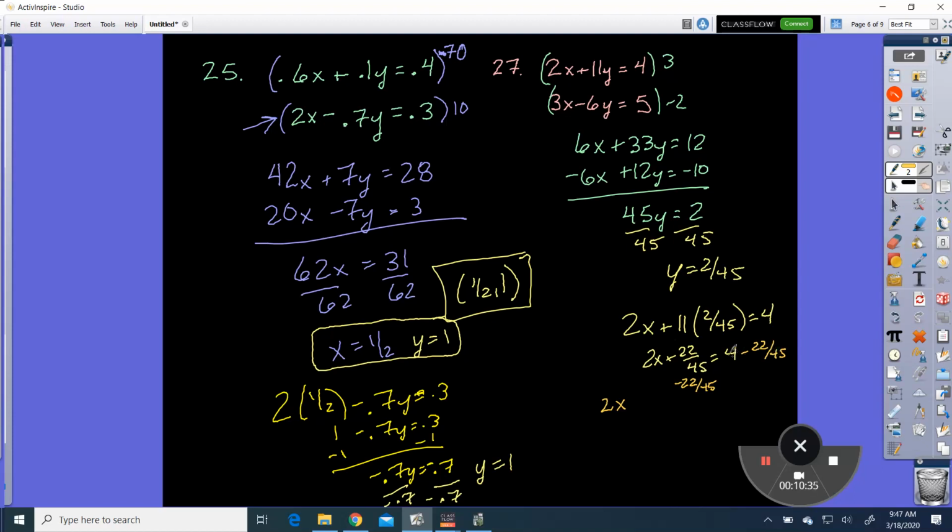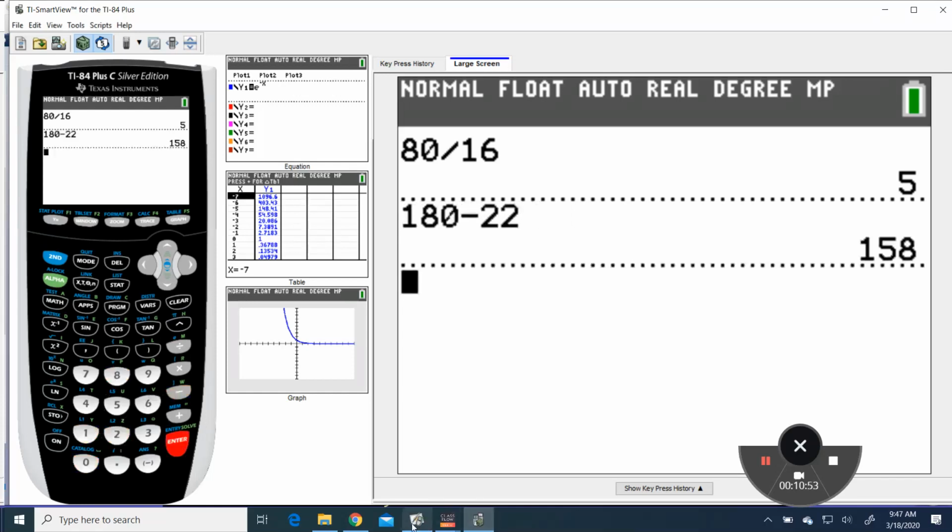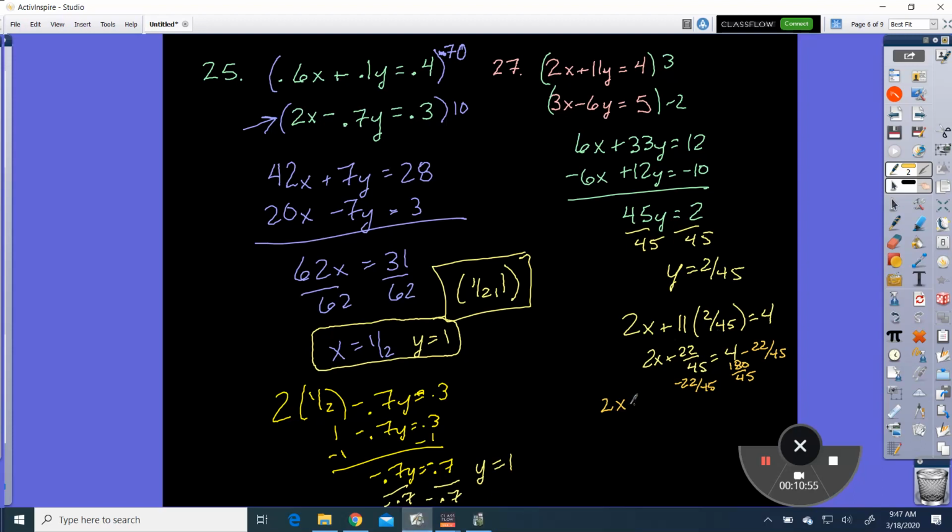So 4 is 180 over 45. So 180 minus 22, we've got a calculator, we'll use it. 180 minus 22 is 158. So 2x equals 158 over 45.